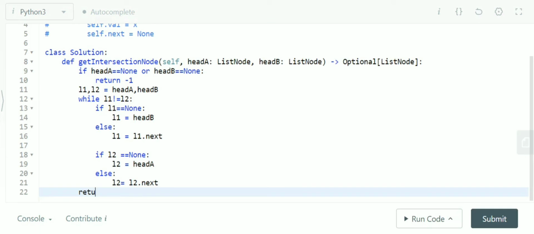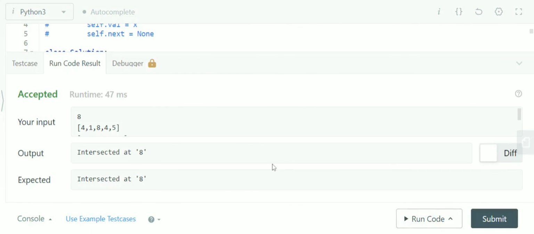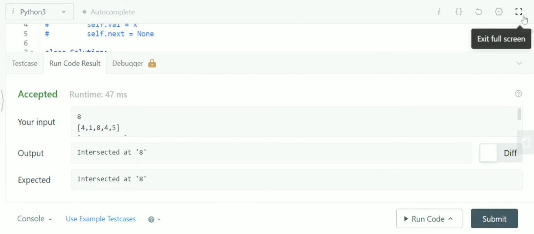We'll simply return the node where both pointers intersected. It can be either L1 or L2. I'm going to write L1 over here and let us see whether it is accepted or not. Yeah, it is accepted, so let us submit this code and see whether this works or not. And I think yeah, it does.